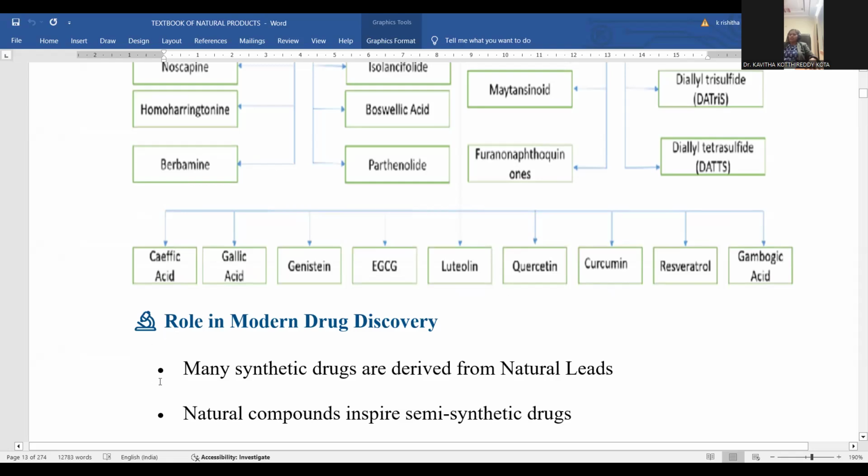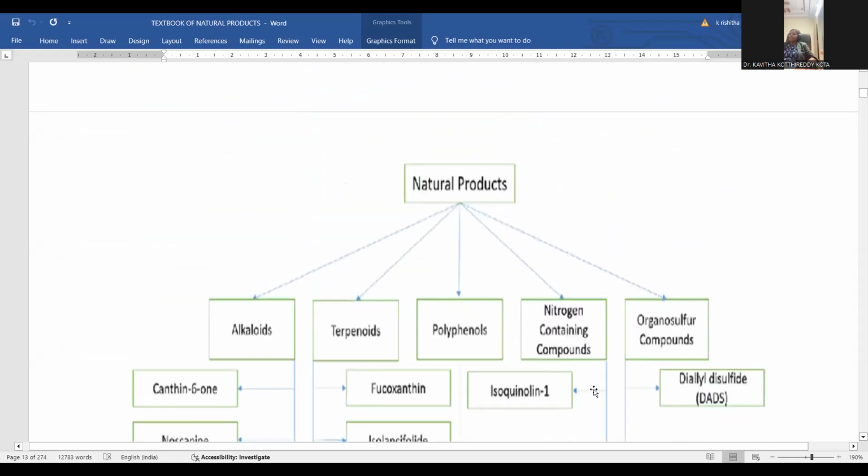Here you observe other kinds of natural products in general: caffeic acid, gallic acid, genistein, EGCG, luteolin, quercetin, curcumin, resveratrol, then gambogic acid. All these are also part of natural products.